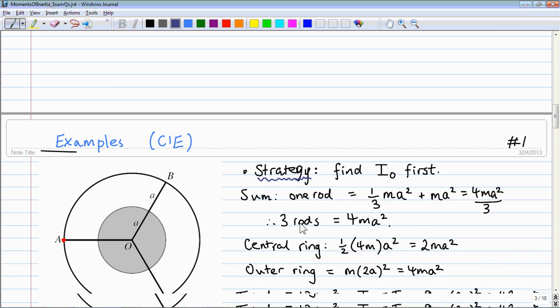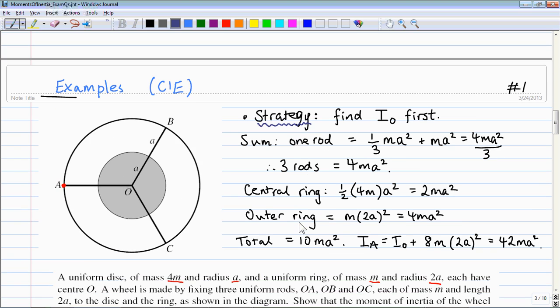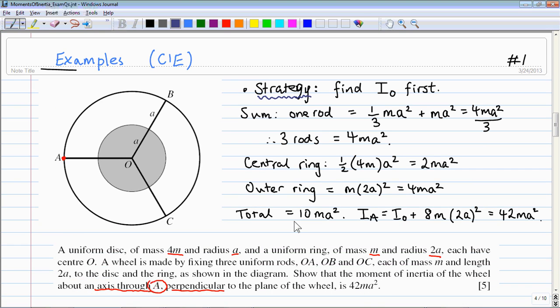So we've got all these tools in our toolkit, but we need to decide which ones to use. My strategy here was to find the moment of inertia about O first. Now, why is that a good idea? Well, clearly the symmetry of the diagram is such that finding the moment of inertia about O is going to be quite easy.